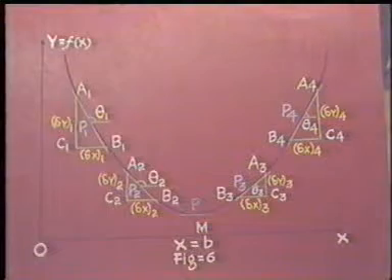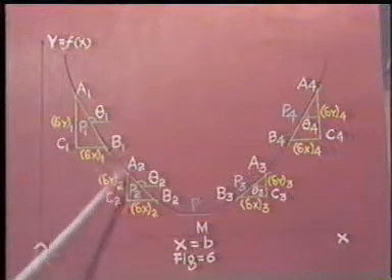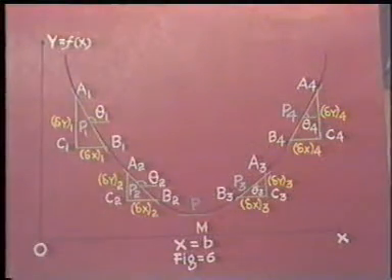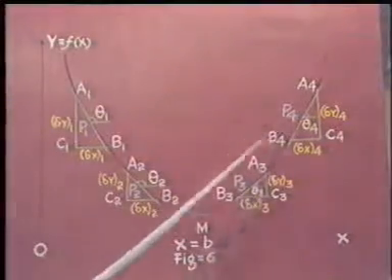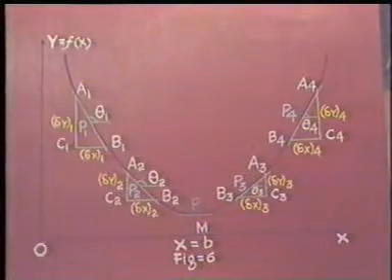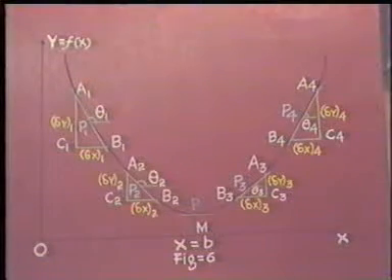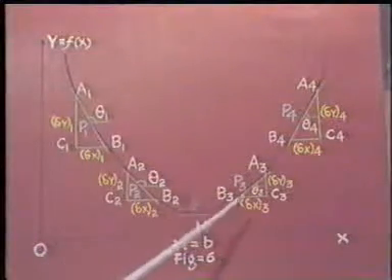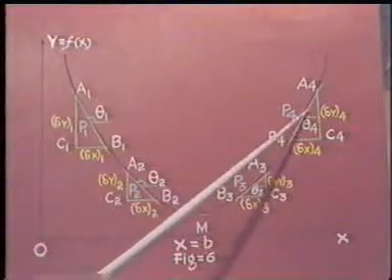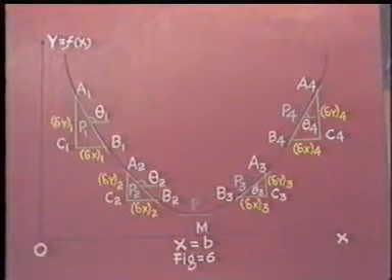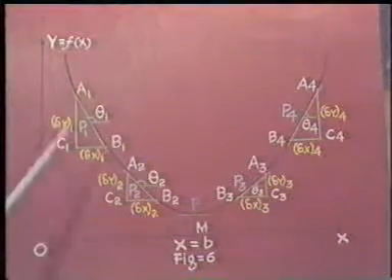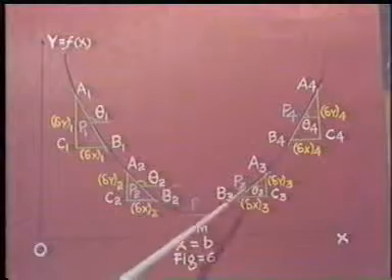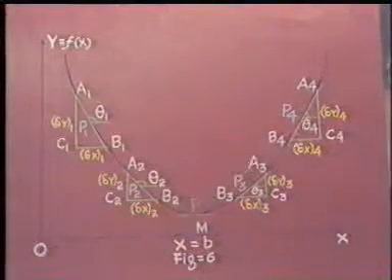P1 and P2 are taken on the left of P and P3 and P4 on the right of P. We draw tangents at these 4 points. Let these tangents make angles theta 1, theta 2, theta 3 and theta 4 respectively at points P1, P2, P3 and P4.